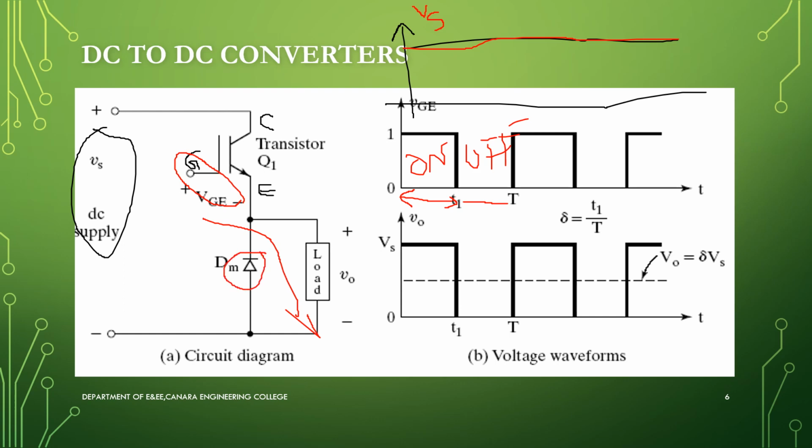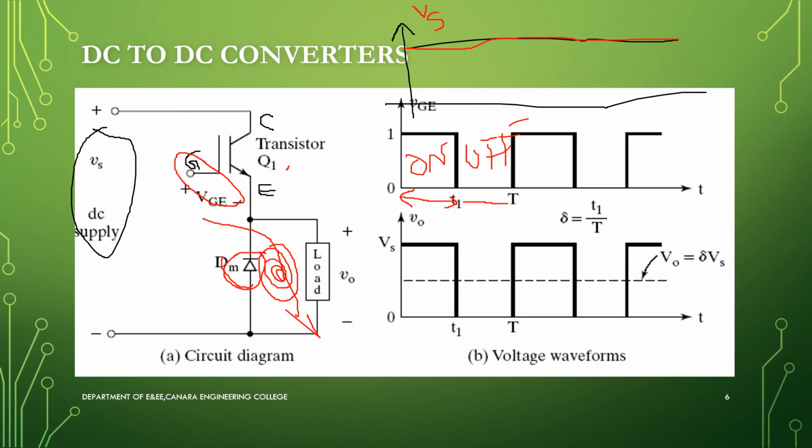This diode is in case you have an inductive load. This diode is required. Whenever there is an inductive load, when this transistor is in the off state, the current has to flow through a path. So the current flows like this path. So it freewheels. So you call it a freewheeling diode.